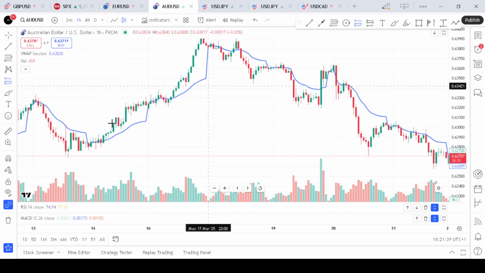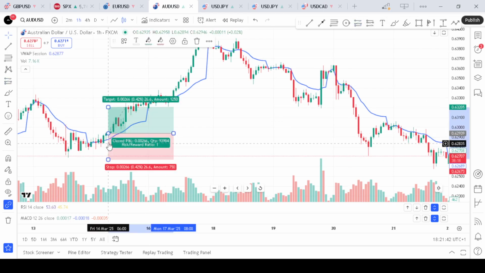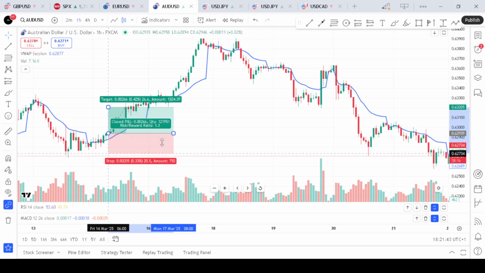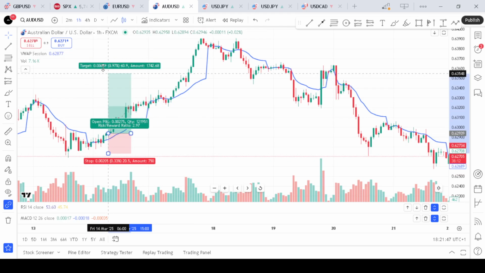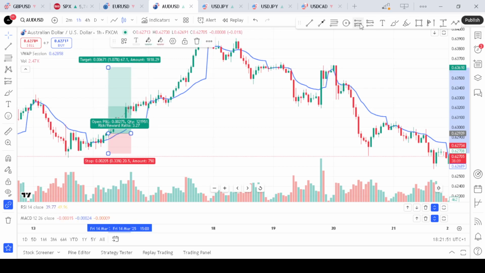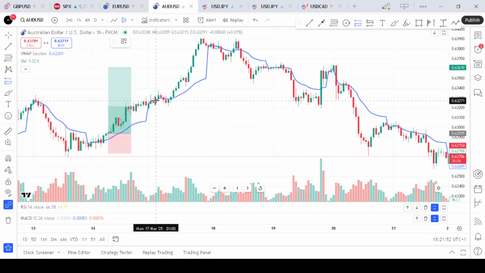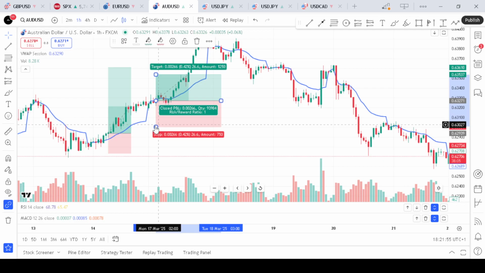So you either enter when you see the crossover at this area, or you can enter the moment price comes back to retest the VWAP line. This would have been a very good place to enter the trade too, where you see a retest of the VWAP line.